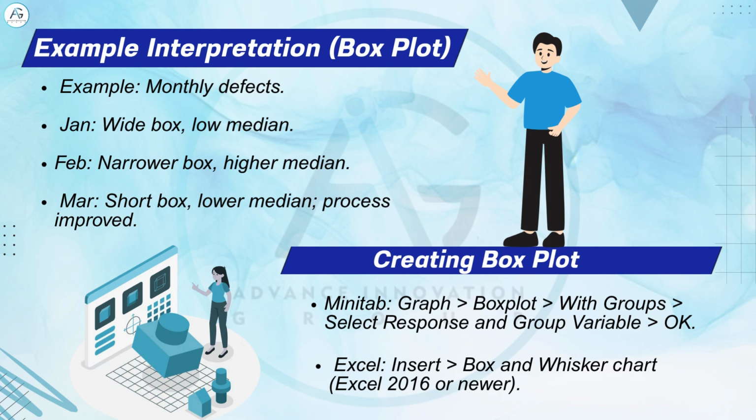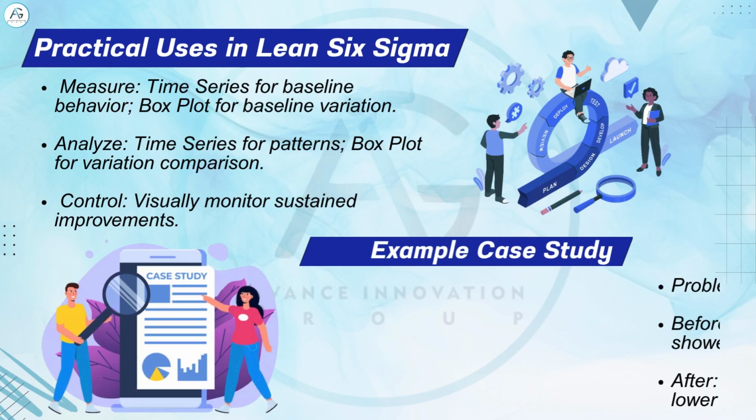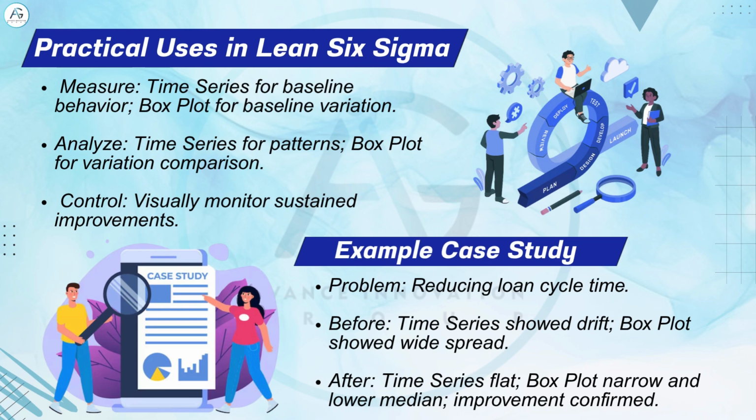Then select your data that includes group labels and measurements. Box plots are fast, intuitive, and highly informative, especially when you're trying to compare multiple categories or time periods side by side.